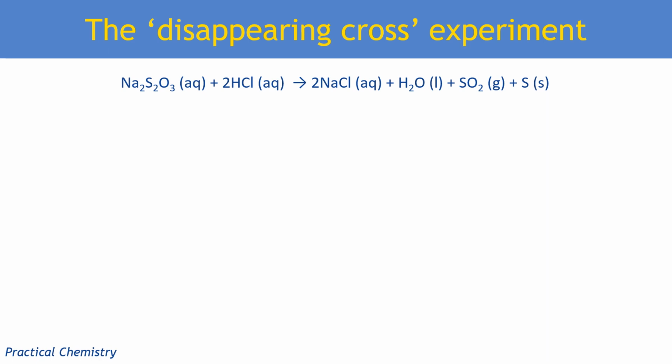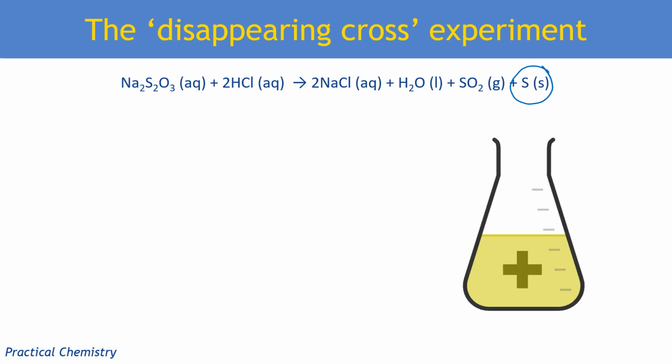It makes a range of products, but the most important thing that it makes in terms of monitoring it is solid sulfur. So as you are doing it, the reaction mixture is going to be turning a cloudy yellow. And then how we monitor that is we put a cross or a mark behind the flask on a bit of paper, and we look through the mixture and we observe the time taken for the cross to no longer be seen.